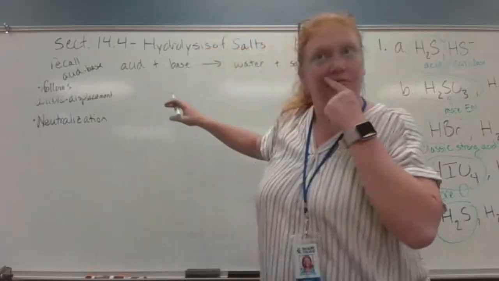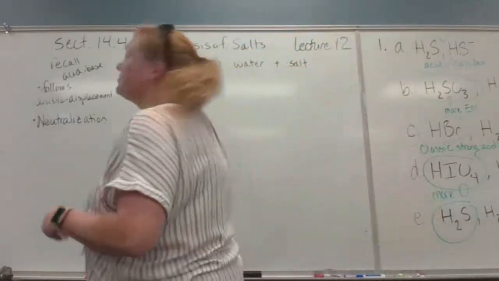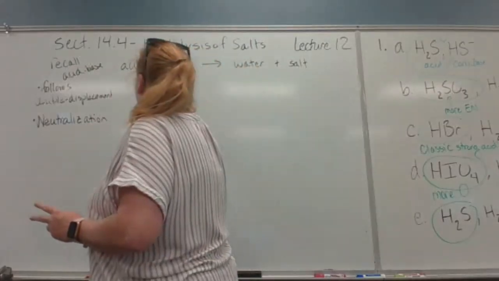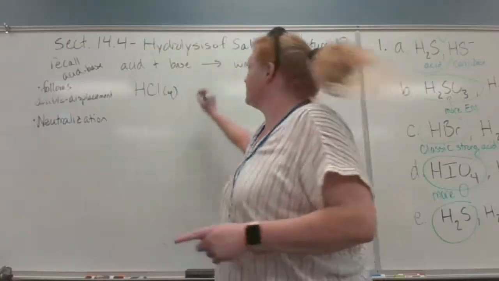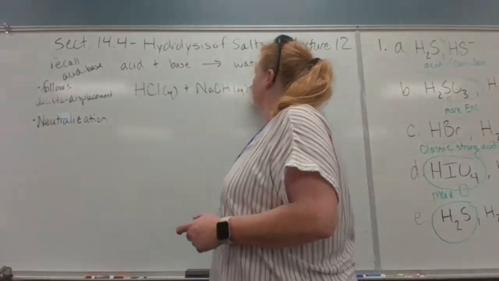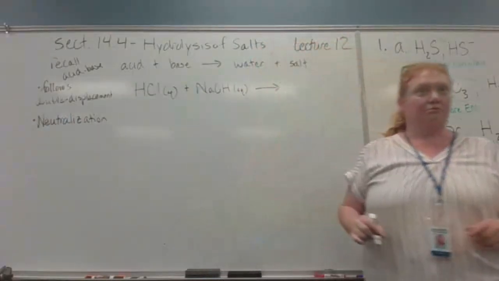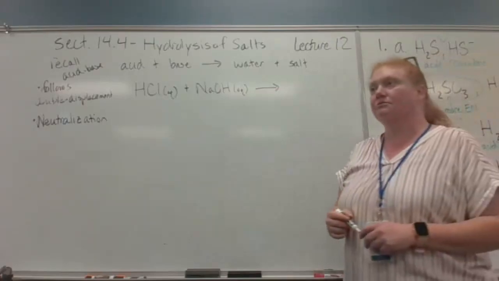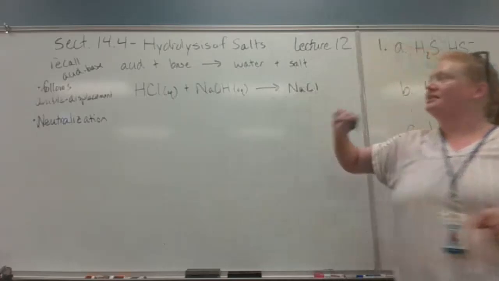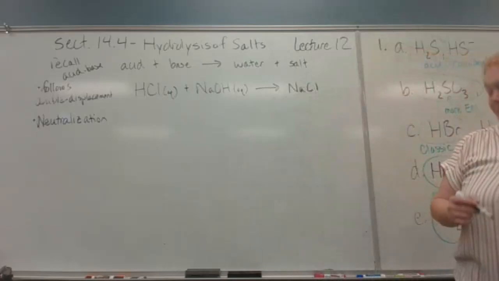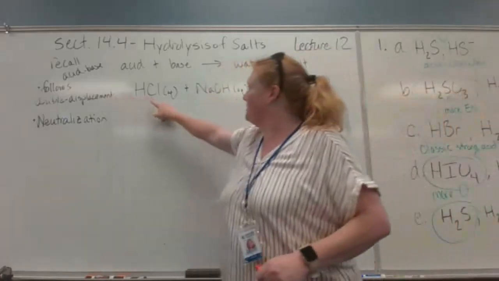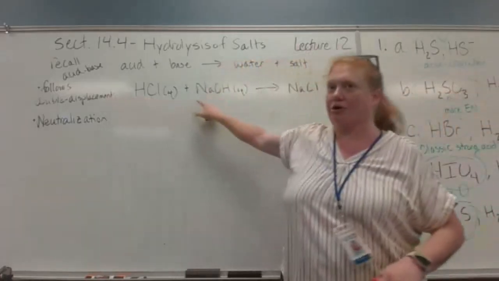Let me write a couple up here. Here's a very classic one, right? HCl plus NaOH makes, what does it make? NaCl. Where did you get the Na and the Cl from? When we talk about double displacement, we said we're going to swap our cations.